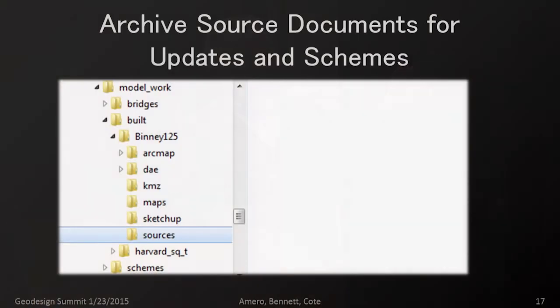We also keep track of the source materials. For all of these projects, the source materials record the intention of the project. So it's not enough to just have a model of the physical form of the thing.